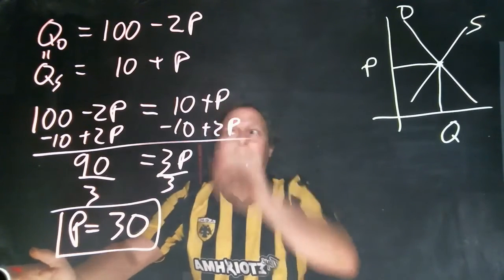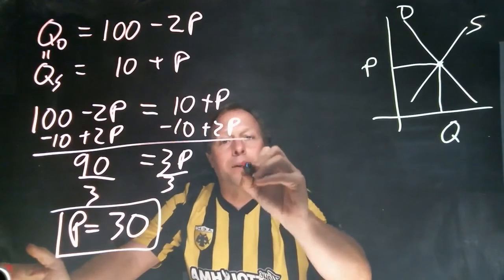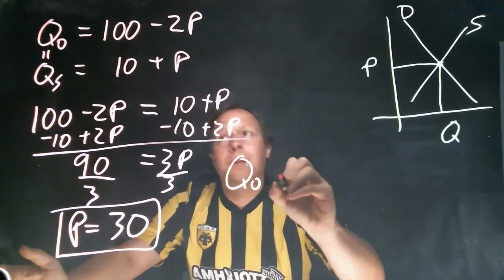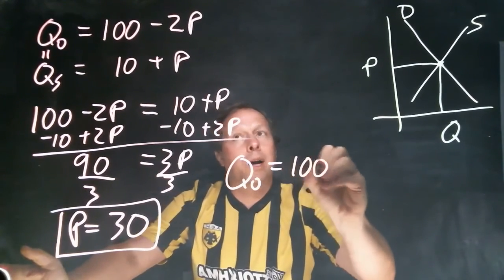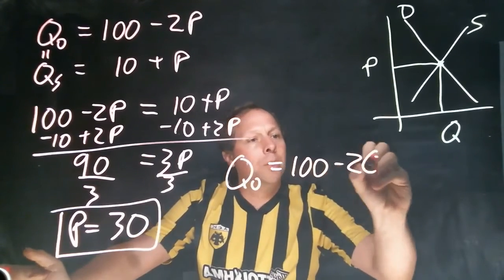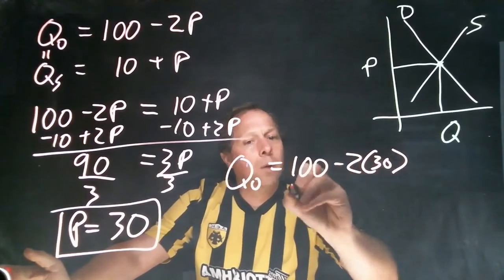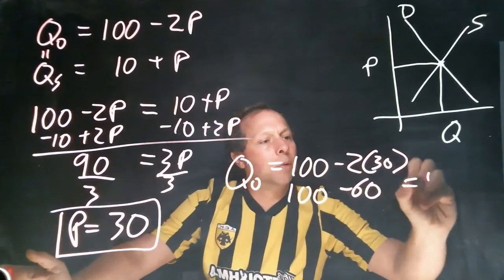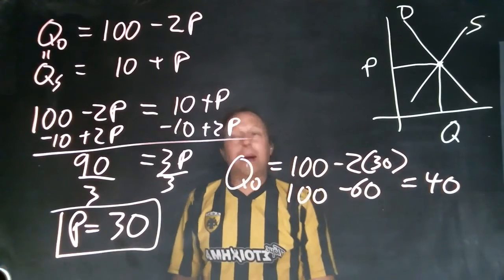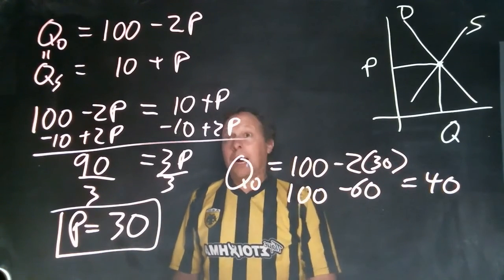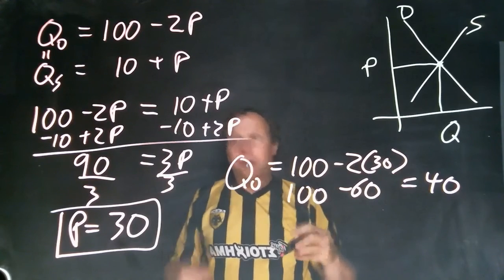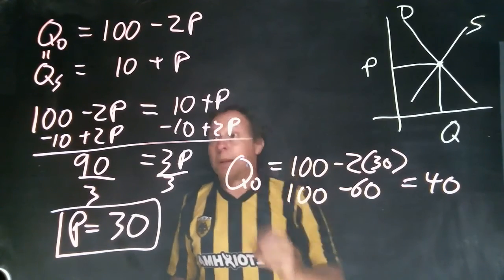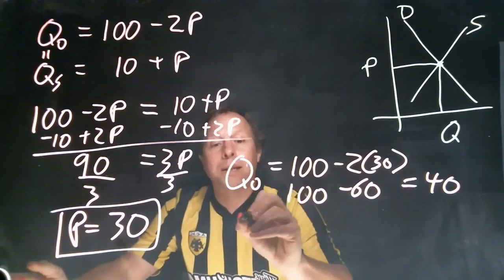Let's start by putting it into our quantity demanded curve. Our quantity demanded is going to be equal to 100 minus 2 times 30, or 100 minus 60, equals 40. So our quantity demanded should equal 40, but we can check our answer here. We should get the same answer if we plug that price into quantity supplied.